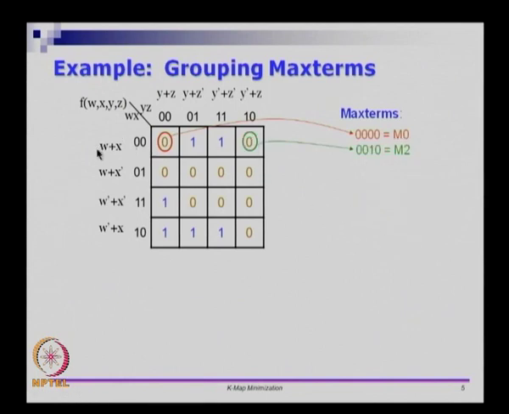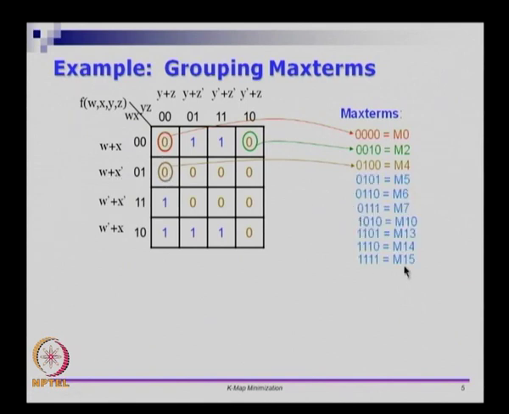This term corresponds to the row W plus X and the column Y bar plus Z, so this is W plus X plus Y bar plus Z. This term corresponds to W plus X bar plus Y plus Z, and so on.